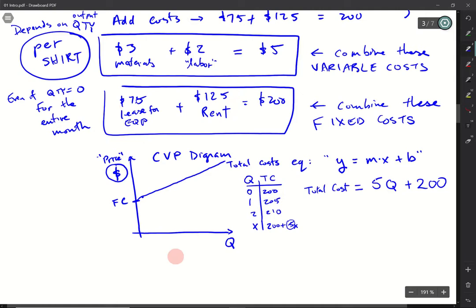So the 200 is our, what do we call this cost? This is our fixed cost. And the 5 is our what? Variable cost.